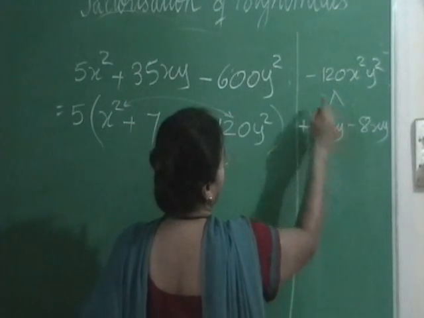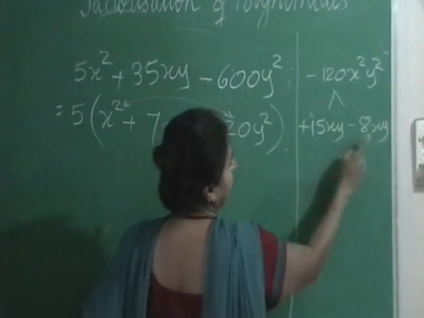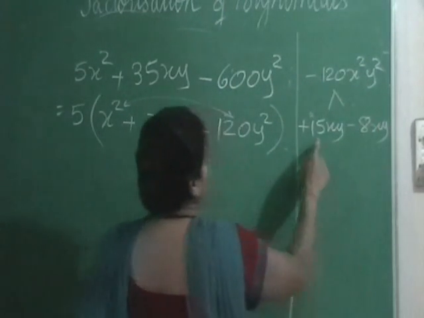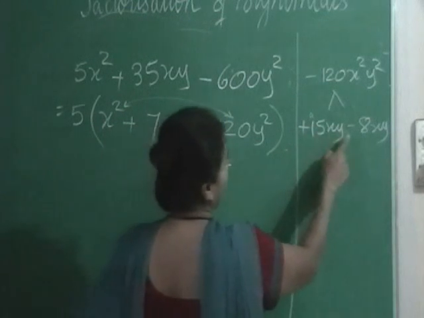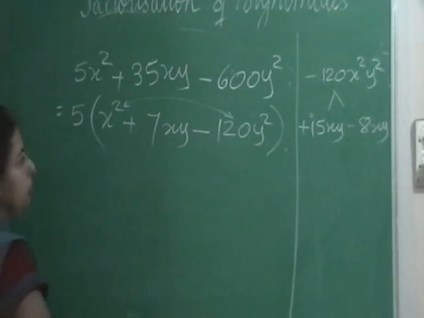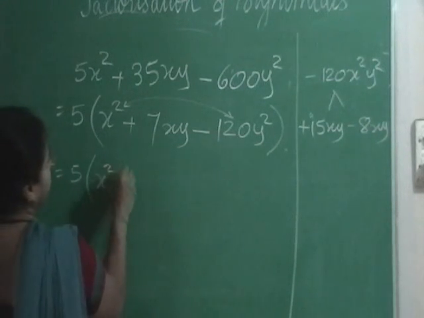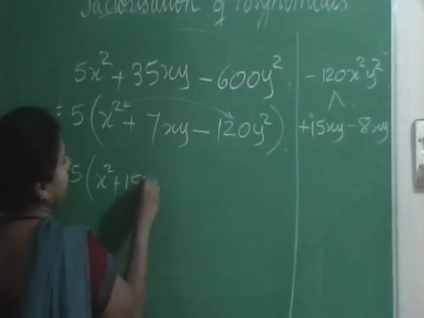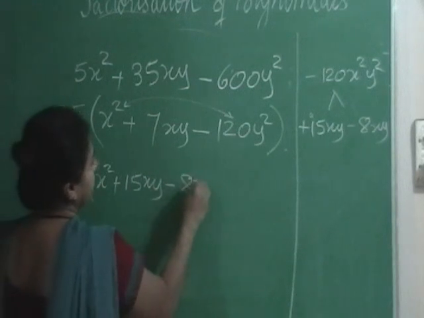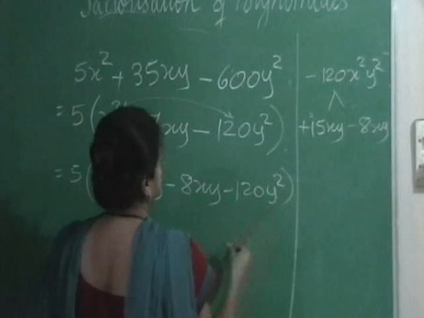So minus into plus, plus into minus, minus 15 into 8, 120, xy into xy, x square y square. And 15xy minus 8xy gives me 7xy. So those two partners will be taken further. X square plus 15xy minus 8xy minus 120y square.